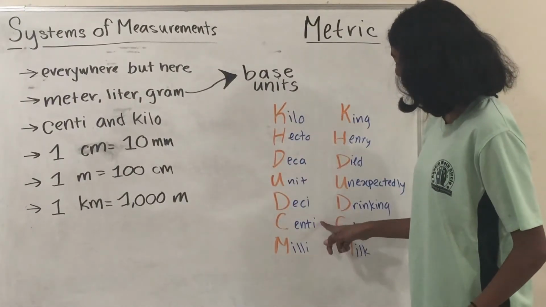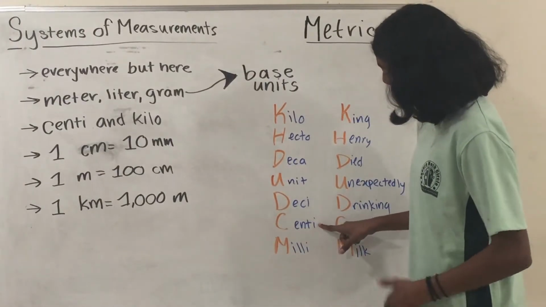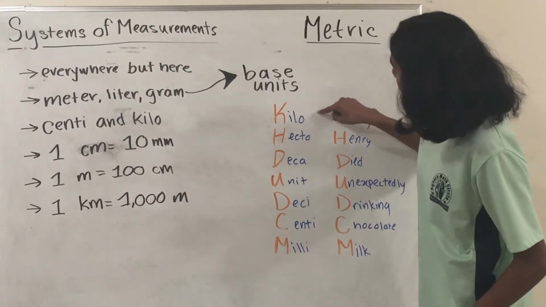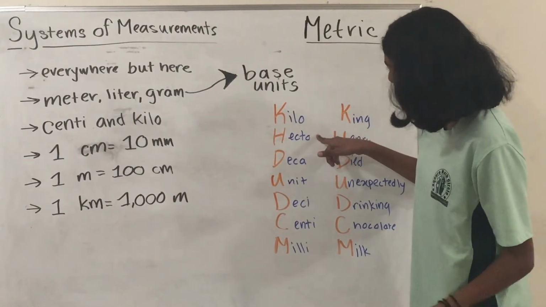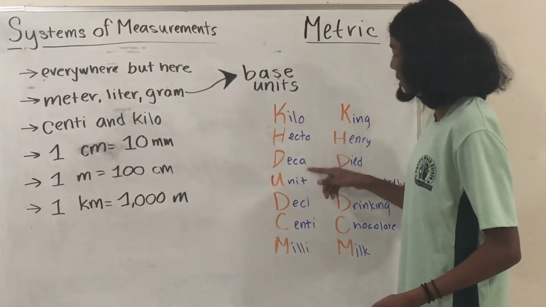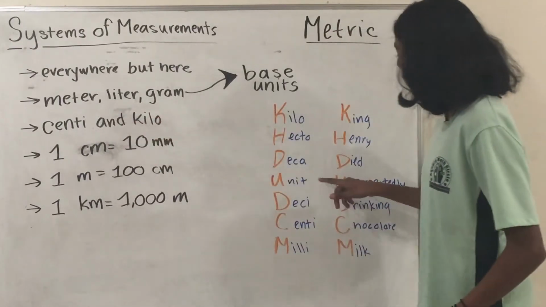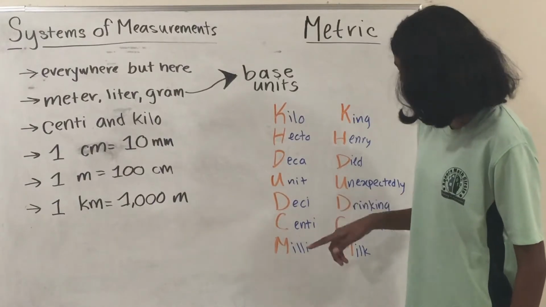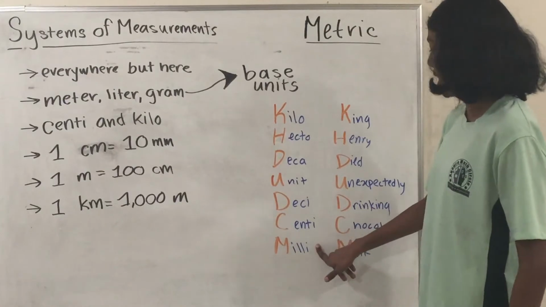And every time you go up, you're going to multiply by 10, as in 1 centimeter is equal to 10 millimeters. 1 kilometer is equal to 10 hectometers. 1 hectometer is equal to 10 decameters. 1 decameter is equal to 10 meters. 1 meter is equal to 10 decimeters. 1 decimeter is equal to 10 centimeters, and 1 centimeter is equal to 10 millimeters.